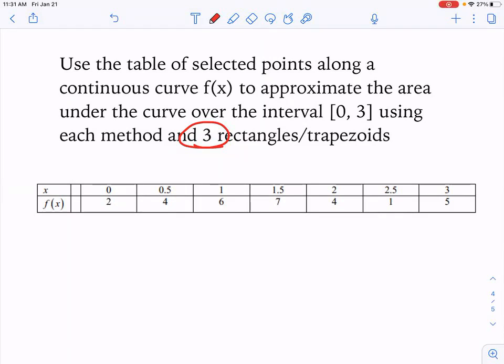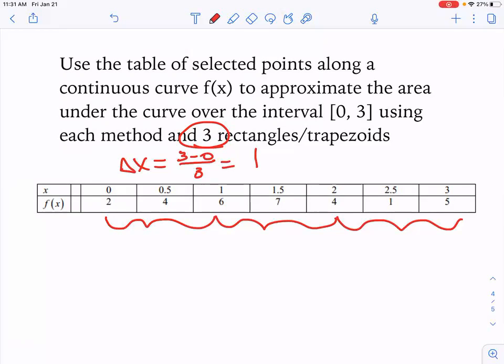Cool. So if n is 3, then delta x is b minus a over n. What's delta x? 1. So we are going to have a rectangle or trapezoid from 0 to 1, 1 to 2, and 2 to 3.